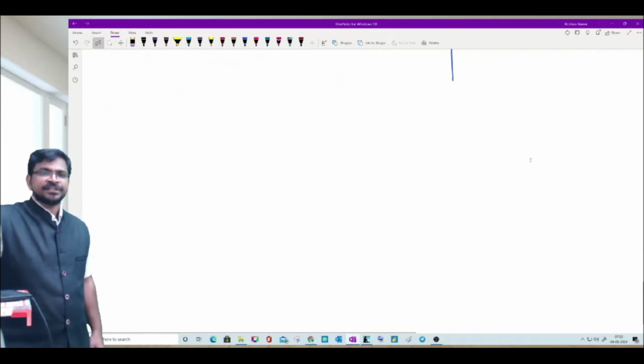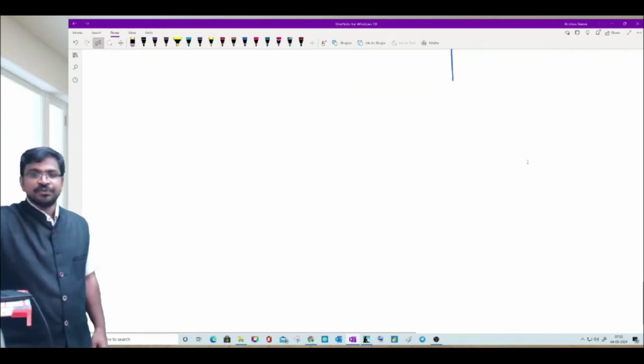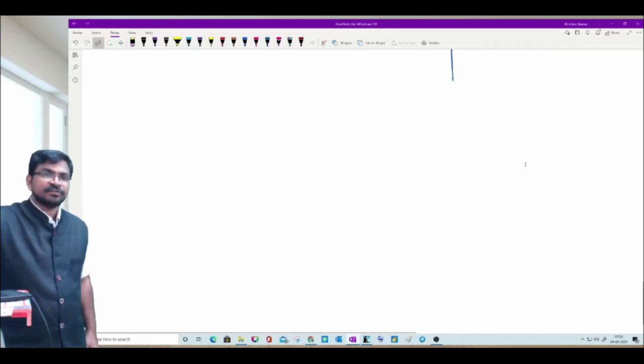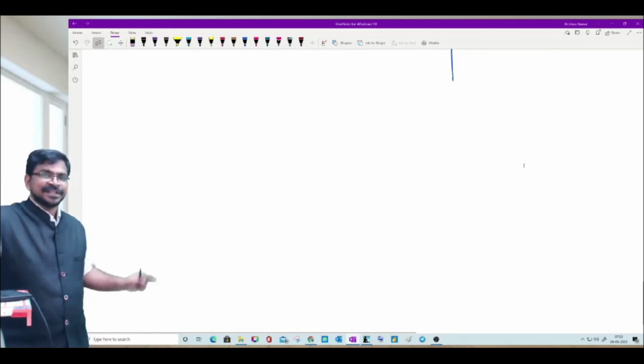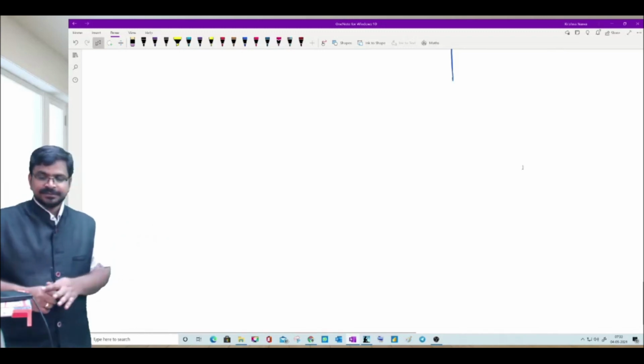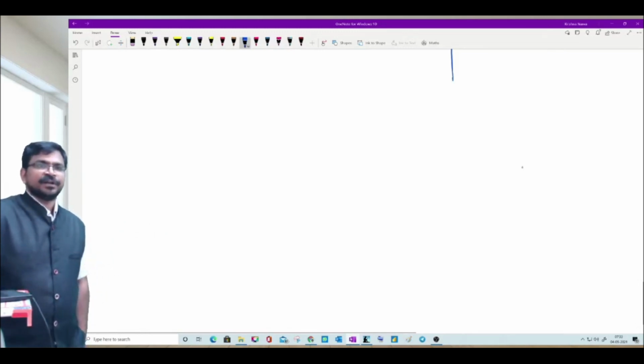Very good. So it is time to start the last representation of the vector. Let us see the third form of vector representation.